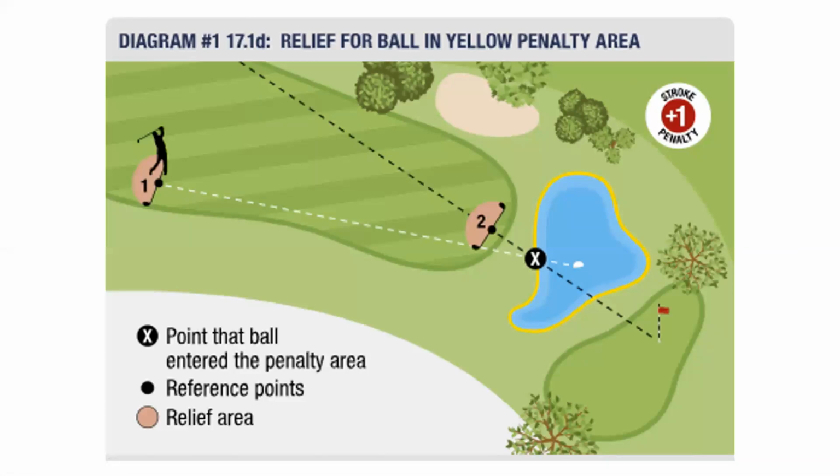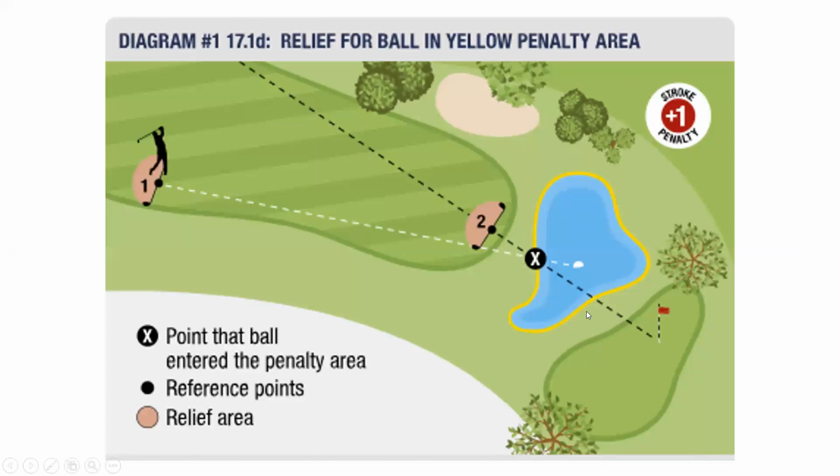Not in that case. And I think now I get your question. Basically your question before was, if this is where you last crossed, why can't you just take your one club length relief right here, just like VJ?